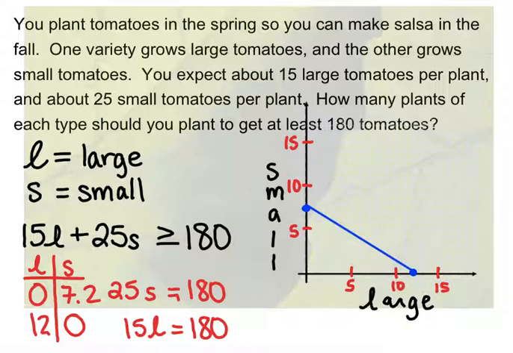It is not. So I'm not going to shade 0, 0. I'm going to shade the opposite. This here is my feasible region. If I pick any ordered pair on that line or segment or in the shaded region, it should work in my math problem.